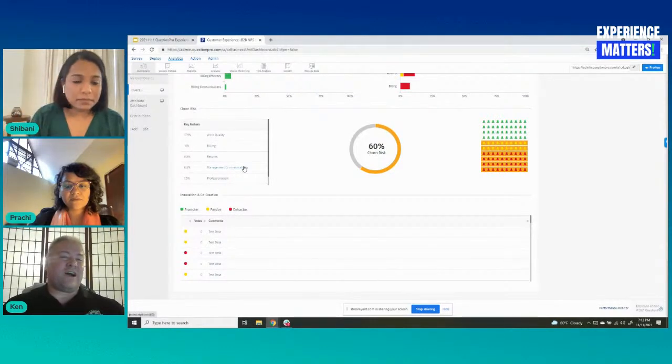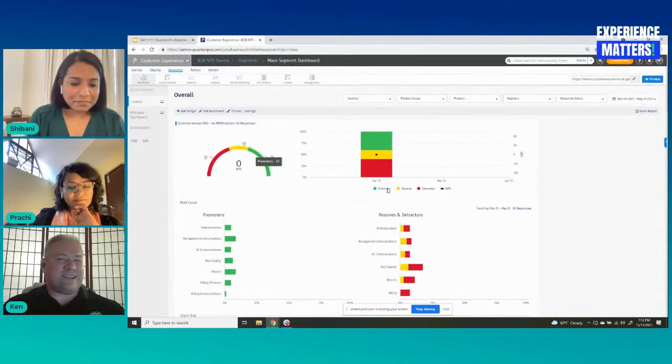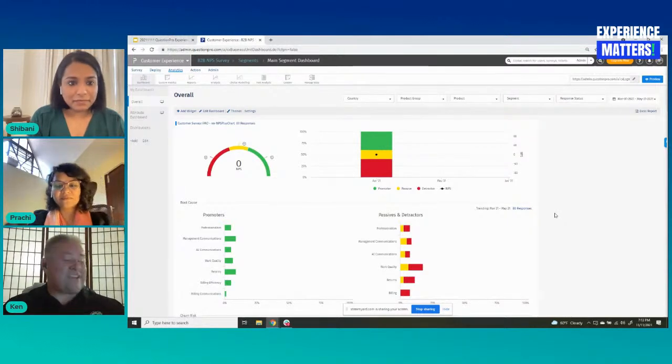So those open-end comments, when we work with product, I say to people, you have to have more than one person that wants a feature to make it part of the product. That can be true with your customer experience. If you have one person just saying, hey, I'd like you to give me everything for free, well, I think everyone would like that.